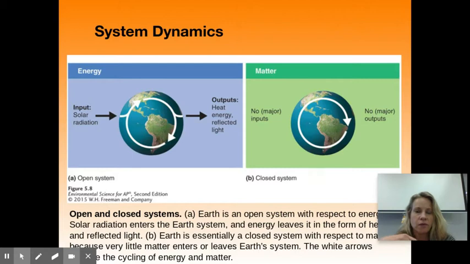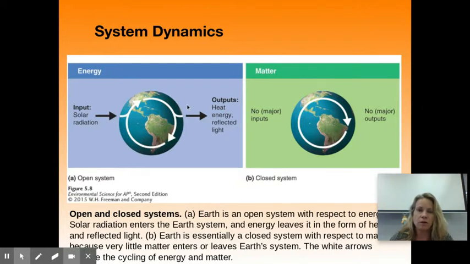And so if we look at energy and matter in these two diagrams, we have energy going in, and then in this case, outputs would be heat, energy, reflected light. So think about global warming, what you know about global warming. In a steady state, input coming in would equal output. If that doesn't happen, then the Earth is either going to get colder or warmer. So that would be energy.